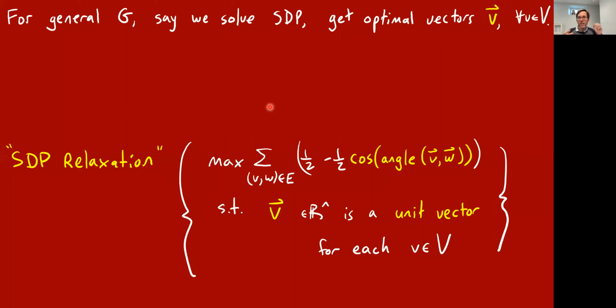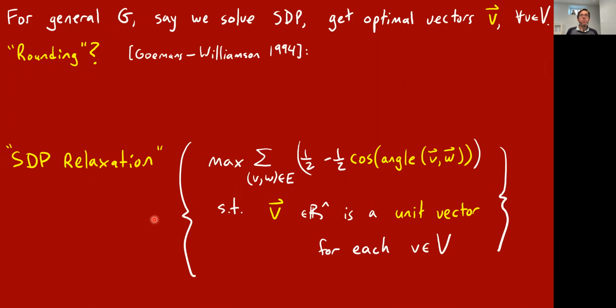And then what we tried to do was convert or round this fractional solution to an integer solution, a real solution, where the value of that solution was as close to the LP value as possible. We're going to try to do that again here, except instead of a fractional solution, we have a vector solution. But we're again going to try to round these vectors down from n-dimensional vectors to one-dimensional numbers, plus or minus 1, and this will give us a cut.